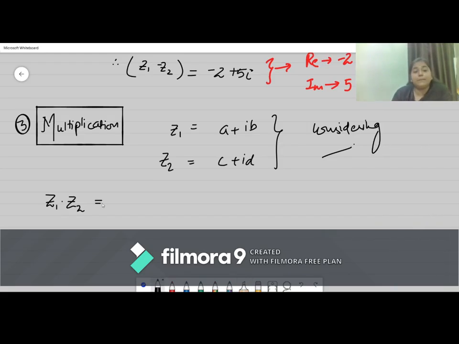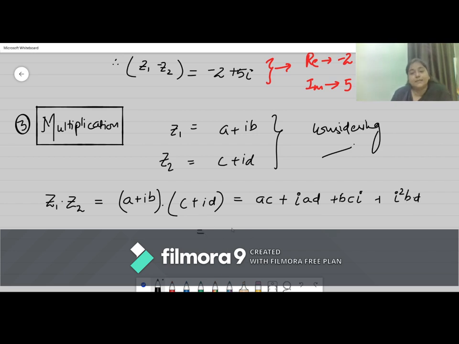तो अब इनका चलिए मल्टीप्लाई करके देख लेते हैं कैसे होता है. a प्लस ib इज z1. इसको हमें मल्टीप्लाई करना है z2 से, विच इज इक्वल टू c प्लस id. सो व्हाट आर वी गोइंग टू डू? a into c, ac plus iota a into d plus b into c iota plus iota square b into d.